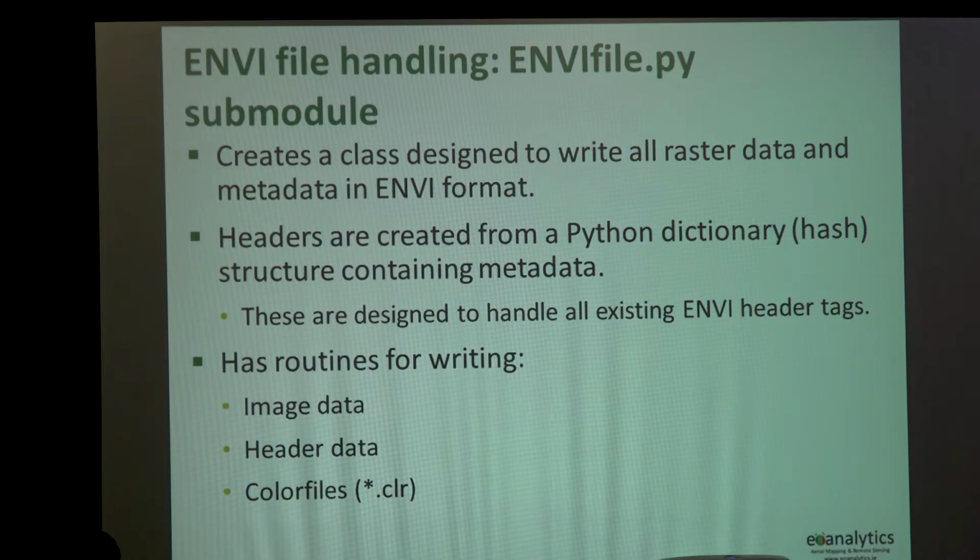I also wrote a separate submodule to handle the input and output data. I really like the ENVI format, and the reason why is because the ENVI format is basically two files. One is the data itself, and then the other is the metadata.